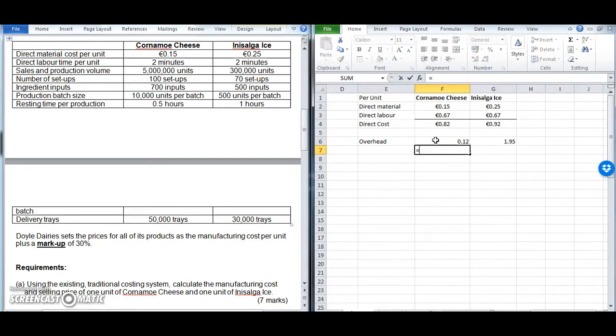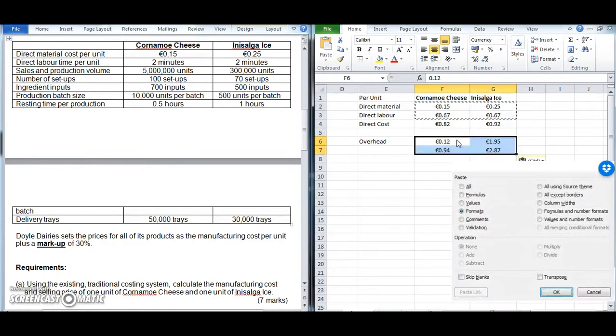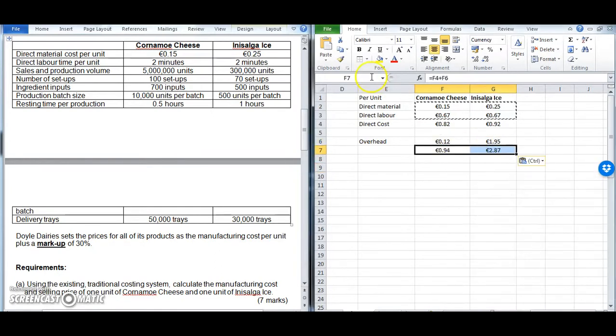So based on that then we'll add them up. Direct costs plus indirect costs gives us total cost, and likewise here. And I'll just format these as up here. So now we have cost per unit.